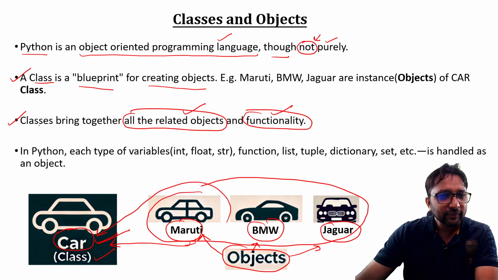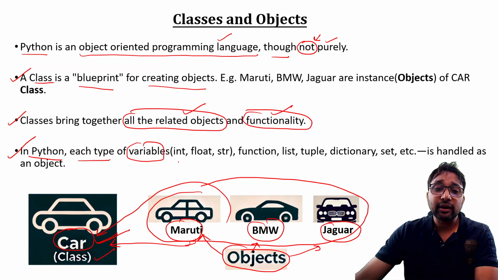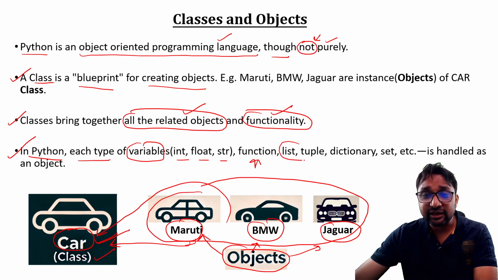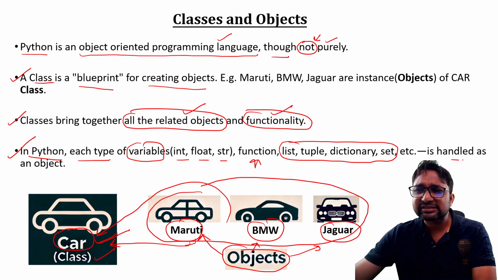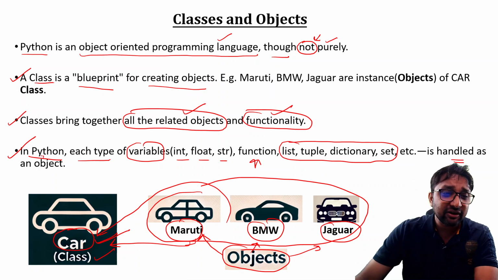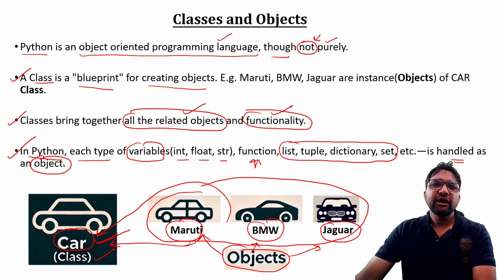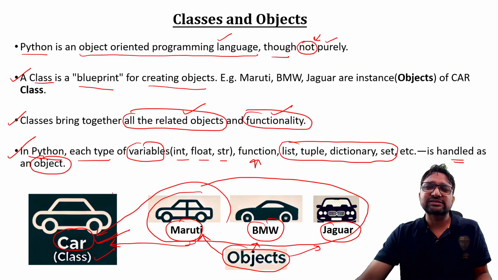This is important: in Python, each type of variable, for example int, float and string, functions, even data structures like list, tuple, dictionary and sets, everything is actually represented with the help of objects only. In Python, almost everything is represented with objects only.